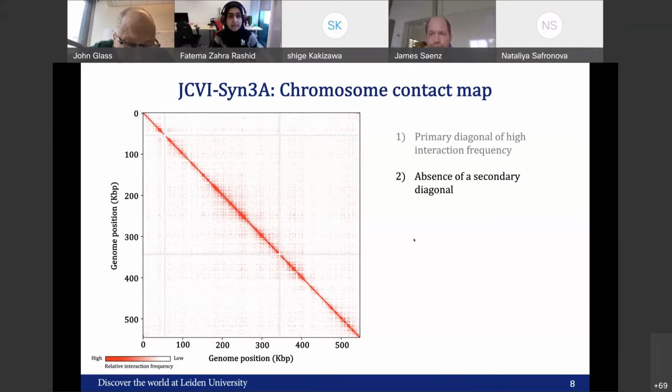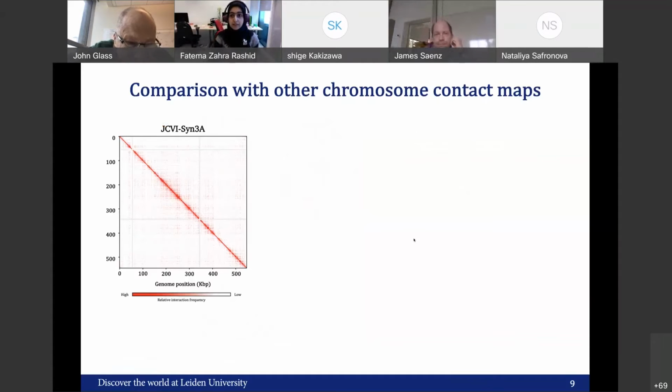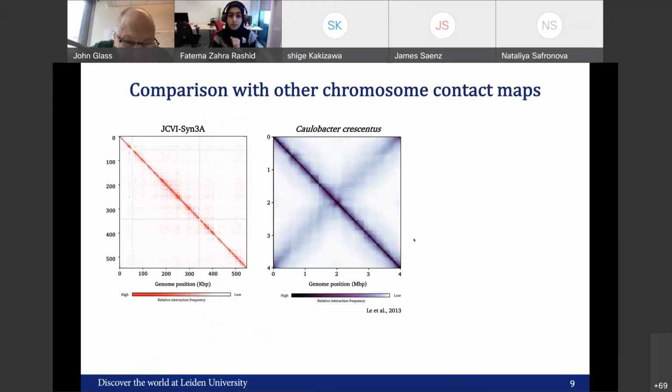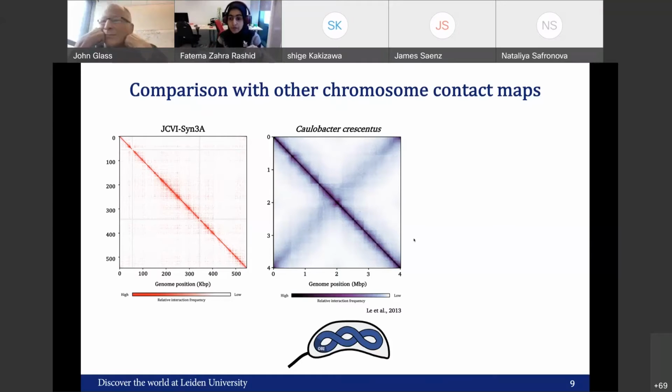And to explain this, I will compare the Syn3A contact map with those of other bacteria. So other model organisms like Caulobacter crescentus, Bacillus subtilis, and even Mycoplasma pneumoniae have this fainter secondary diagonal that lies perpendicular to the primary diagonal. And this is a feature characteristic of circular chromosomes, where the two halves of the chromosome interact over the length of the cell.